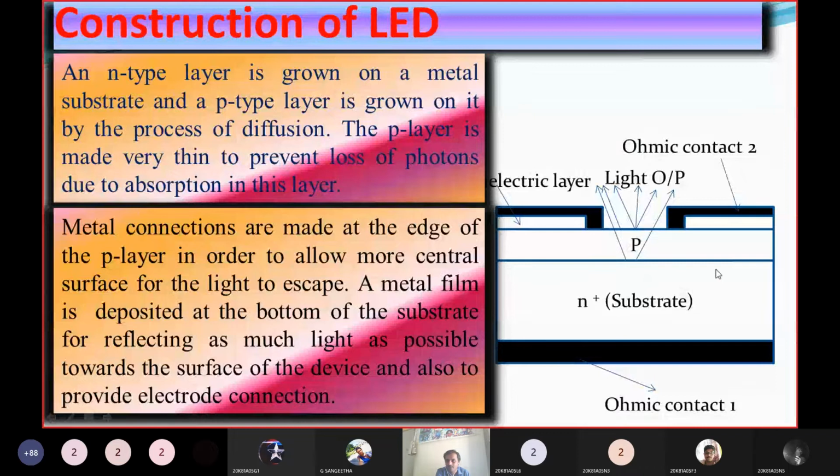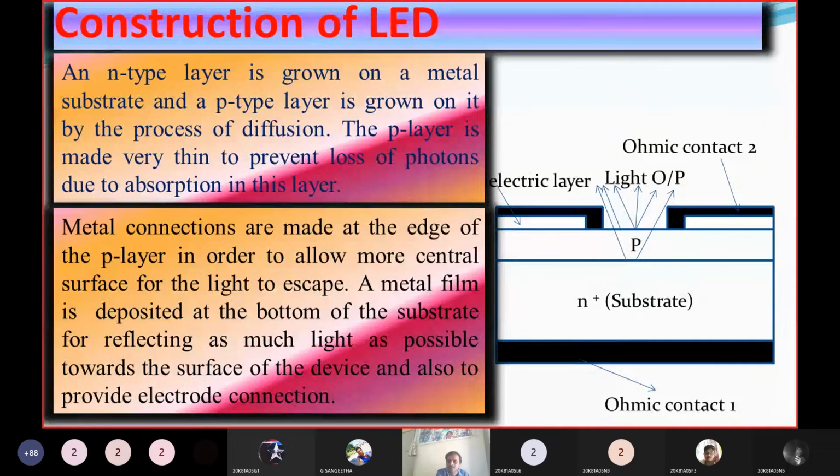So this is the PN junction. This is very small in size; we can prepare these diodes, these LEDs, in micrometer size also.